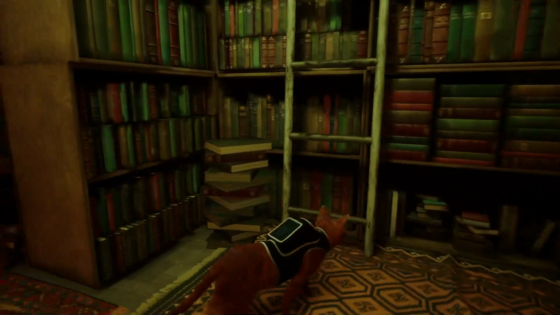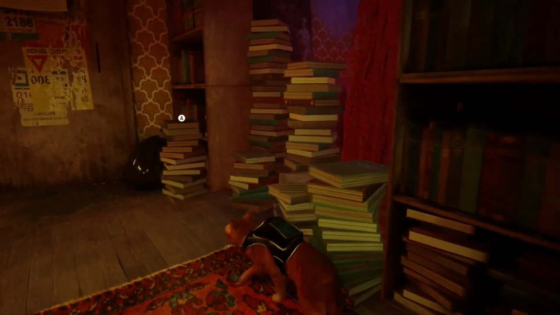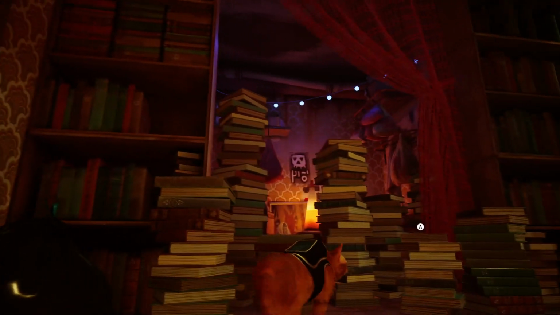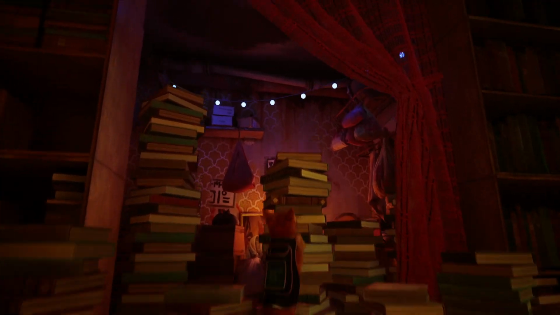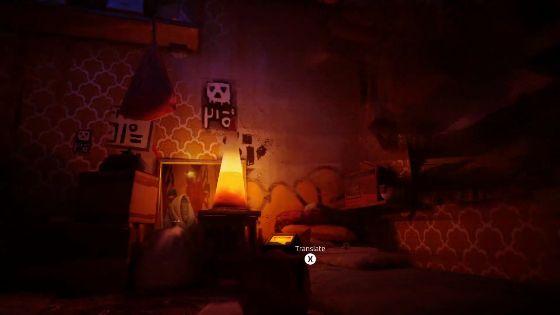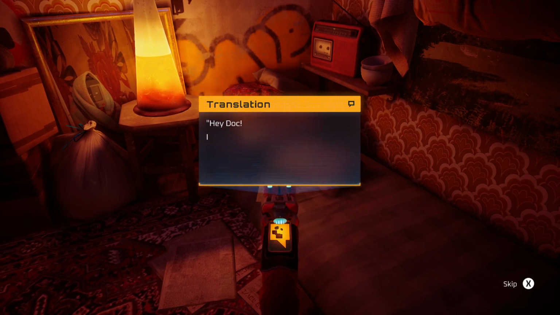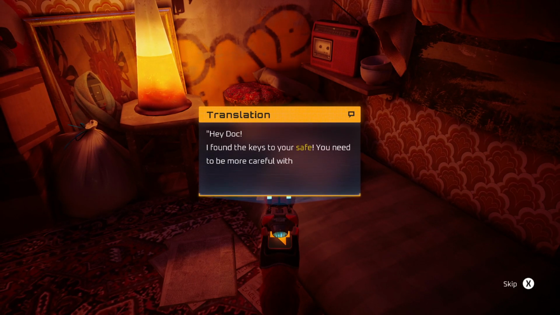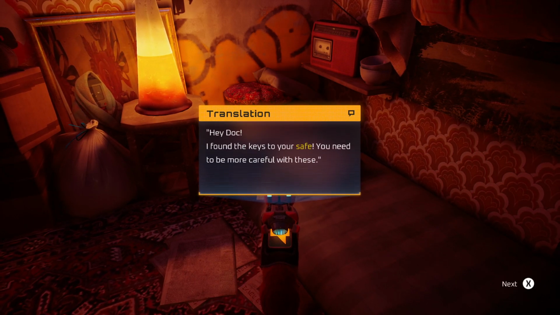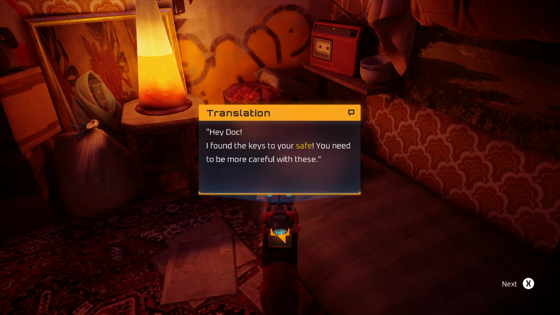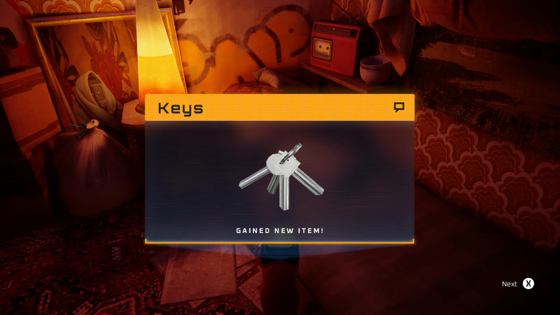Can I get in that little nook there somehow? Oh. I found the keys to your safe. You need to be more careful with those.